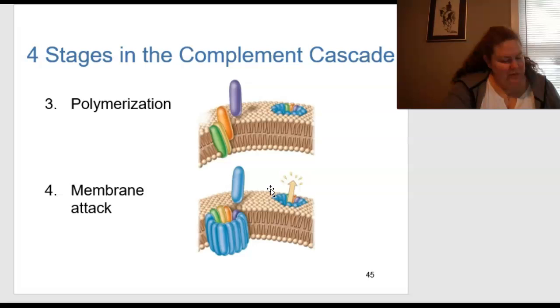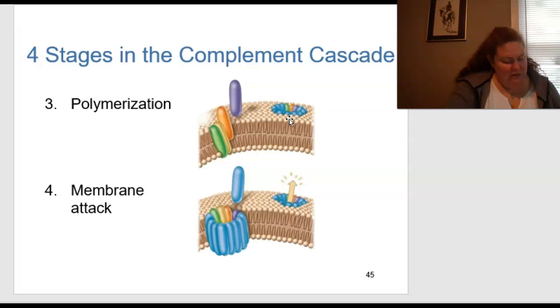All right, step 3 is the polymerization, where C5b is a reactive site for the final assembly of an attack complex. The series C6, C7, C8, they're all going to aggregate with C5b and become integrated into the membrane. They form a substrate upon which the final component C9, which is this blue guy here, can bind.